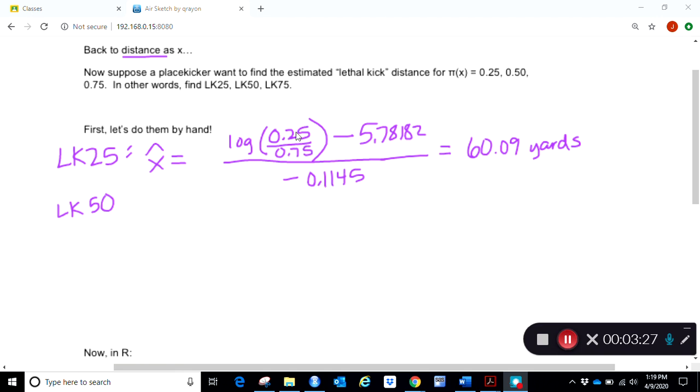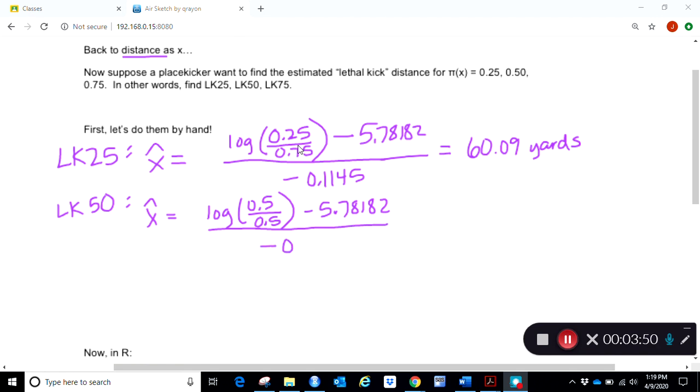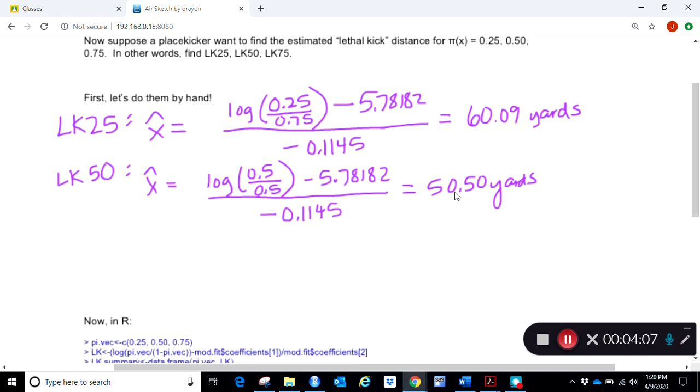So my estimated distance will now be the log of 0.5 over 1 minus 0.5, which is also 0.5, minus our alpha hat, divided by our beta hat. And that should give me a distance of about 50.5 yards. So to have a 50-50 chance of making that kick, I could do so from about 50 yards away.